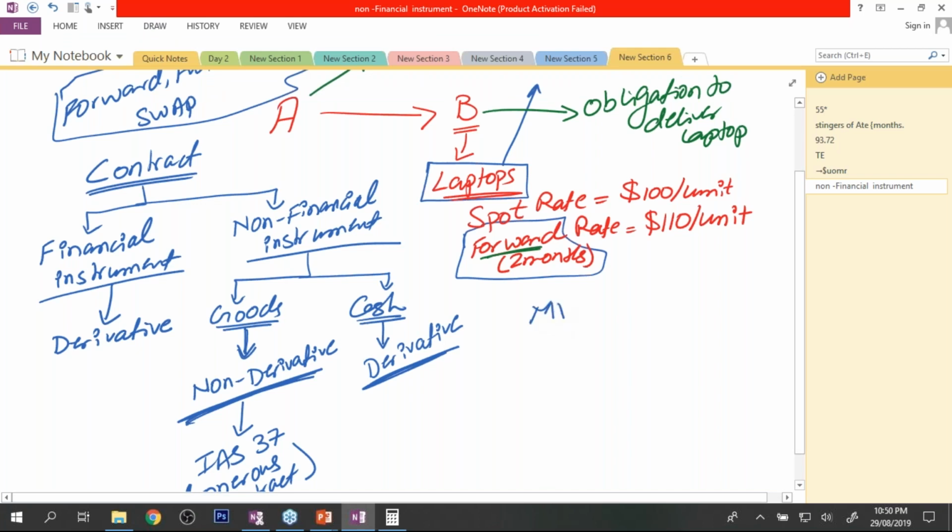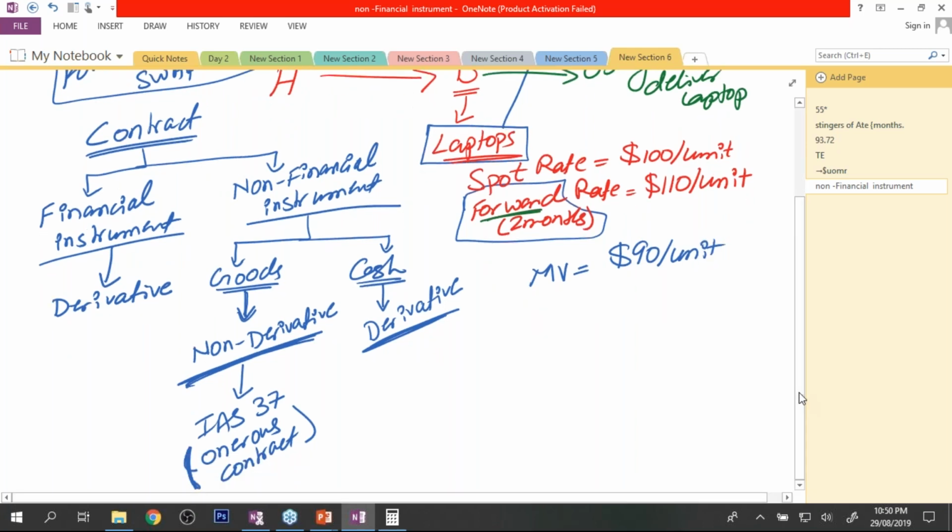So let's suppose the market value now reaches $90 per unit. We have no option to settle in cash. We will be taking goods in any case. And the market value reaches $90 and I have to buy at what amount? 110. This means I have a loss of $20 on the contract on a per unit basis.